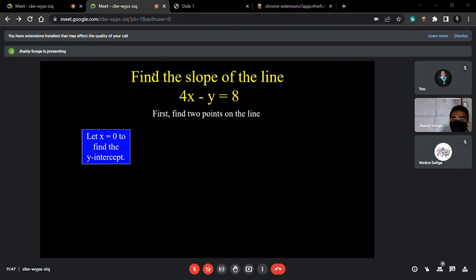We find the slope for this line, 4x minus y. First, we could say that the value of x will turn out into 0. Why? A while ago, we fixed the general form of the equation that we have above.